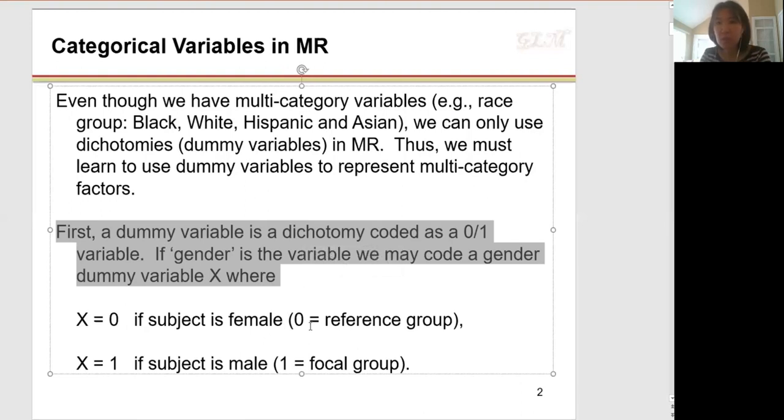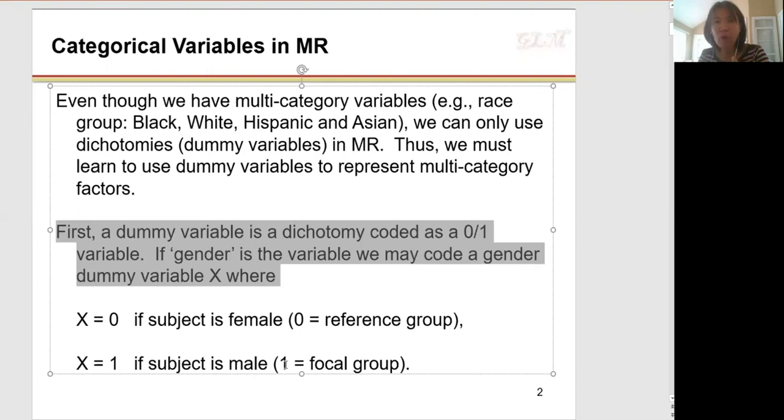So here, gender or sex variable, so female or male. So in this study, female is coded as 0 and male is coded as 1, focal group. Okay. So whether or not female is the reference group, it's all about your research decision making, research question.